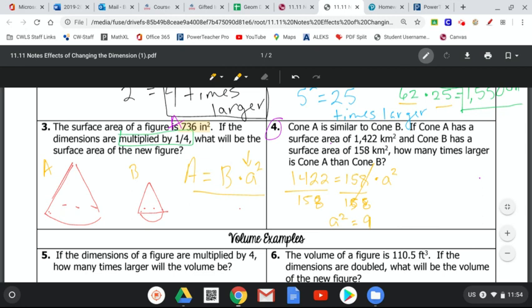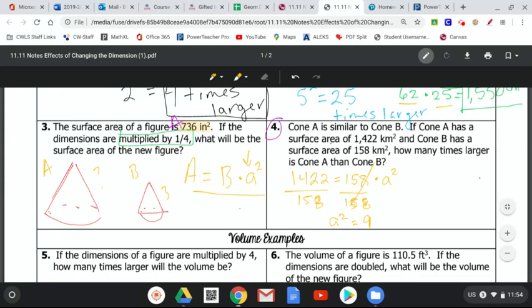What it's asking, though, is how many times larger is cone A than cone B? It doesn't ask how many times larger is the surface area, just how many times larger. So basically, I think of dimensions. If this slant height is 3, what's going to be this slant height? That's what they're looking for. Anytime they're looking for how much larger, stuff like that, it's talking about the dimensions or just the scale factor.